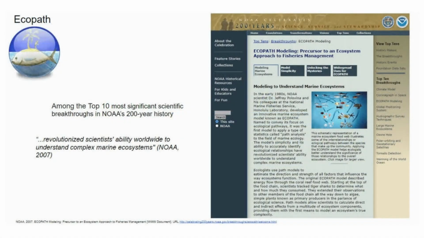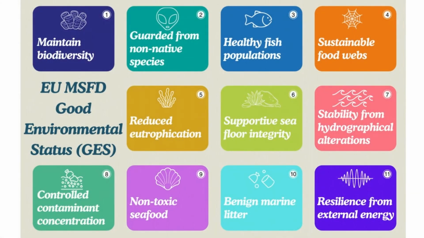NOAA, in 2007, recognized Ecopath as one of the 10 most significant scientific breakthroughs in its 200-year history, citing how it has revolutionized scientists' ability worldwide to understand complex marine ecosystems. Models can come in the form of network indices and are used to assess the status of ecosystems based on a framework, such as the EU Marine Strategy Framework Directive, MSFD.